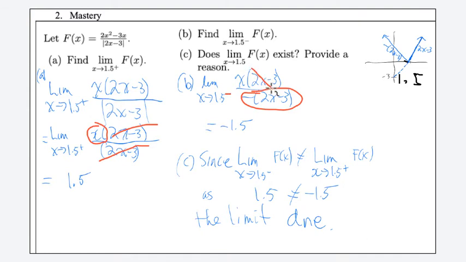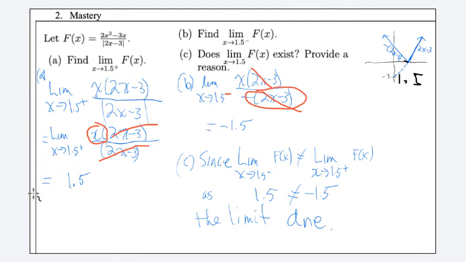So 2x minus 3 divides out there, and all I'm left with is x divided by negative. So x divided by a negative is negative x. But I'm not dividing by 0 anymore, so I can get rid of my limit. And in fact, I've got negative of x, which is negative of 1.5.